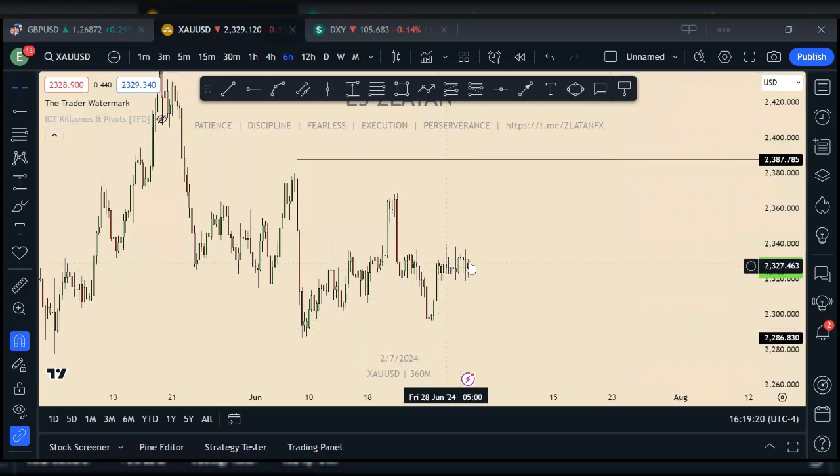These ranges, you're either using a big candle on the higher time frame, or the Asian range, or the Monday range. Those are the three ways you trade your ranges. You understand?